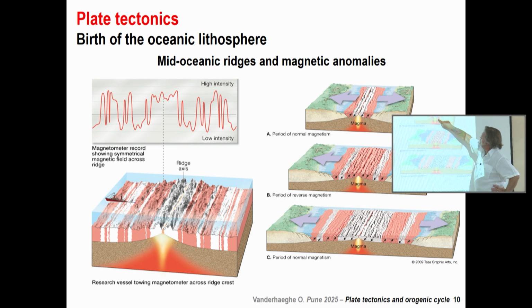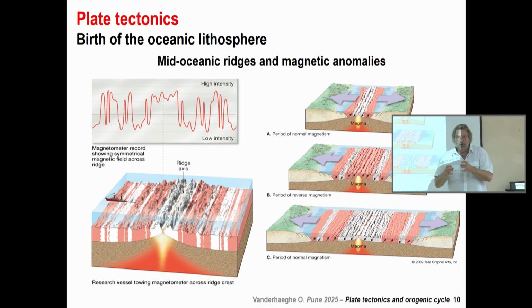So you see this black vector going up or down in the red and white stripes. This is really magnetite minerals in the basalts that are oriented at the time of cooling of the basaltic magma, in the orientation of the magnetic field.